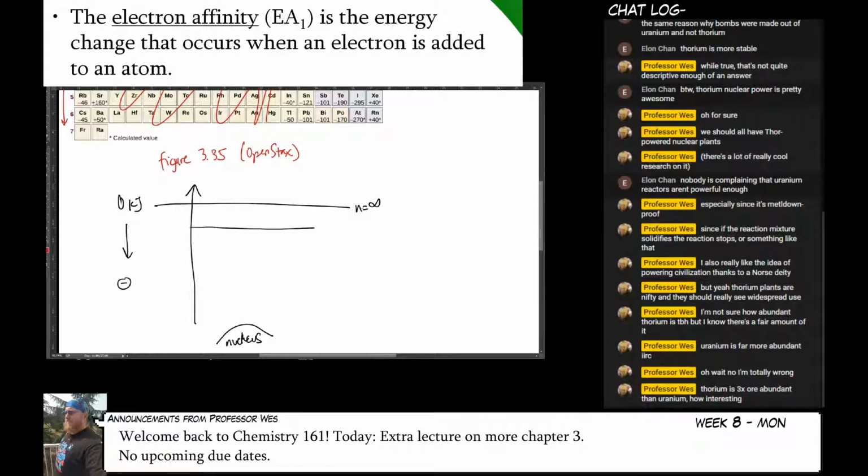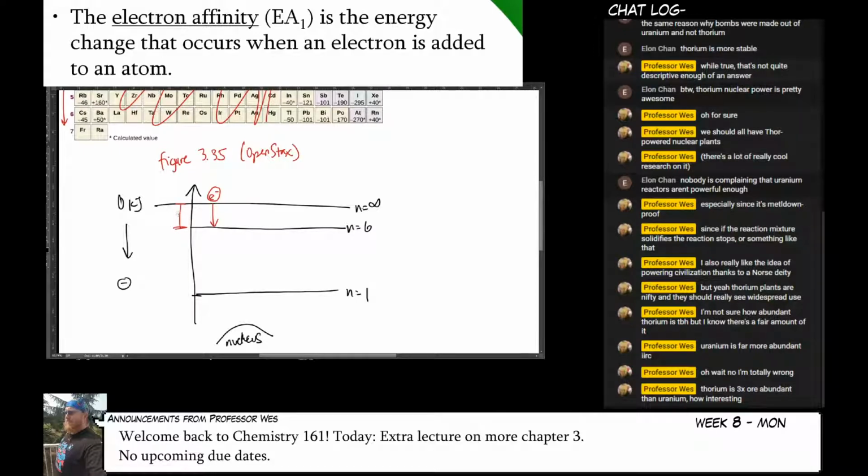So I'm going to just put some arbitrary n values here. I'll just call that 1, whatever. If I drop my electron and it lands in n equals 6, I'm only going to get this much energy out of it.